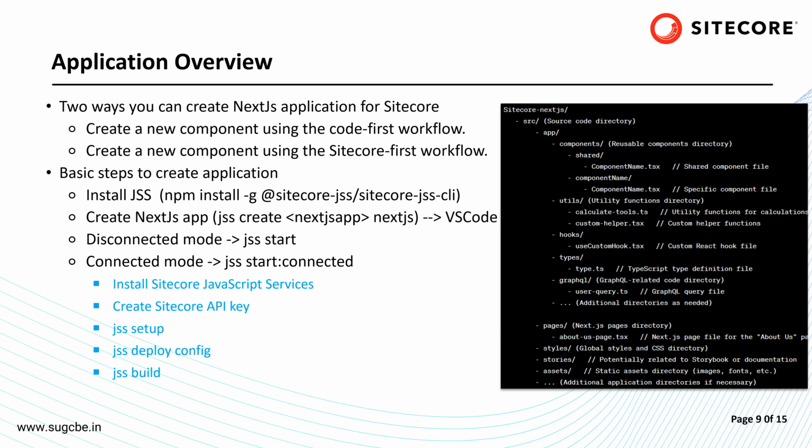You start creating that header component in Next.js, and whatever data source you want, you just mock it. You put in mock data, utilize it, and create the application. You create the application first, and then connect it with the Sitecore backend. This is called the code-first approach.